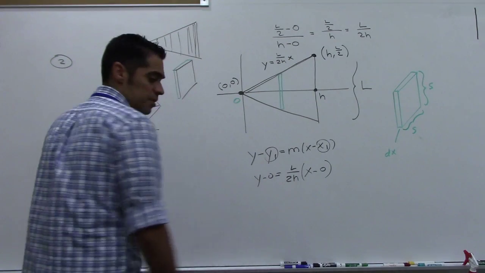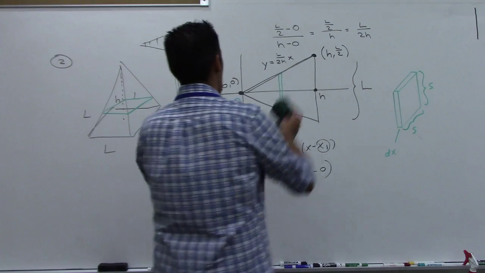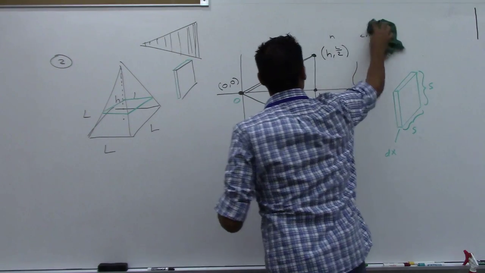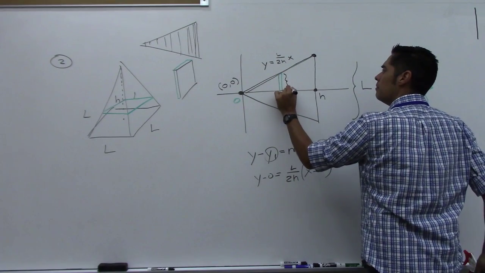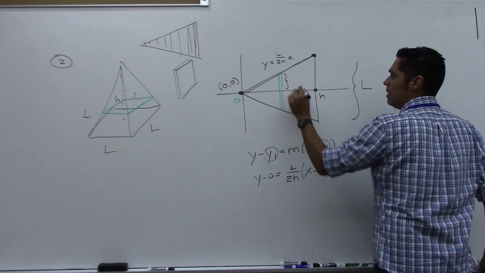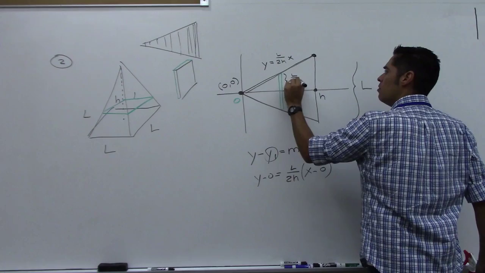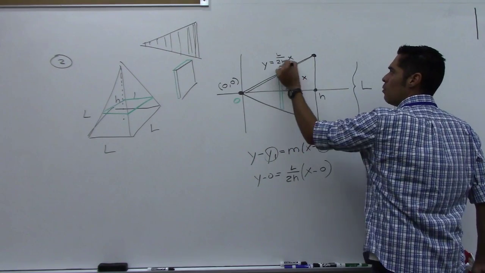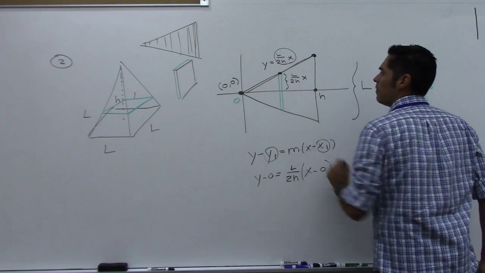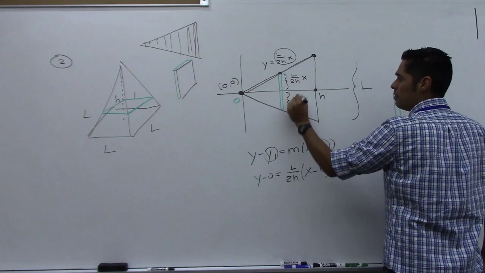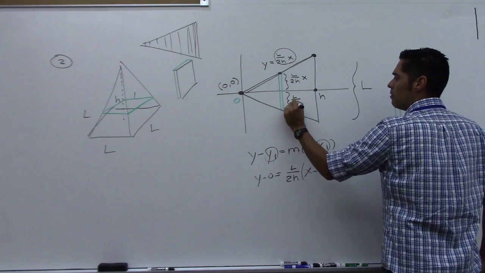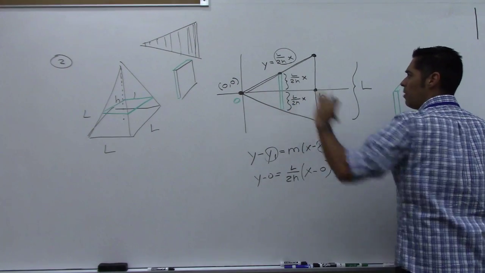So that means the height from here to here is L over 2h x. It's the y coordinate of this point right there. And since I want to know this entire length, it's going to be the same thing, L over 2hx, doubled.